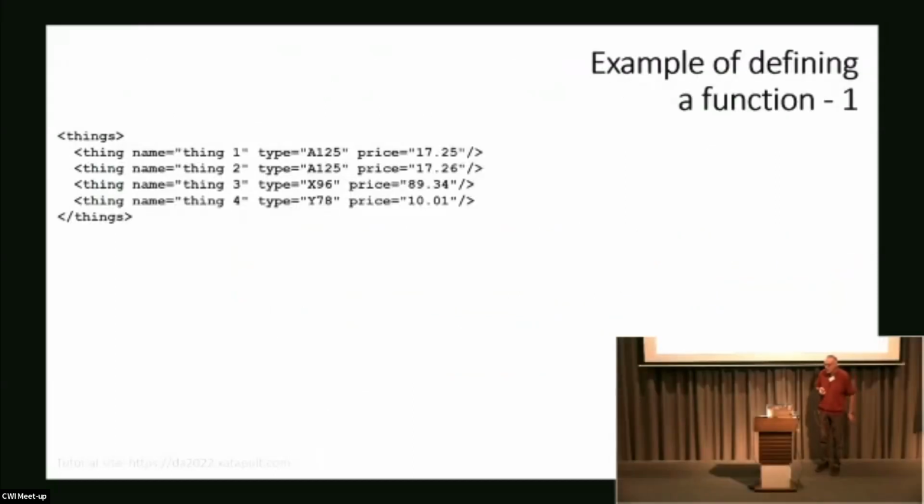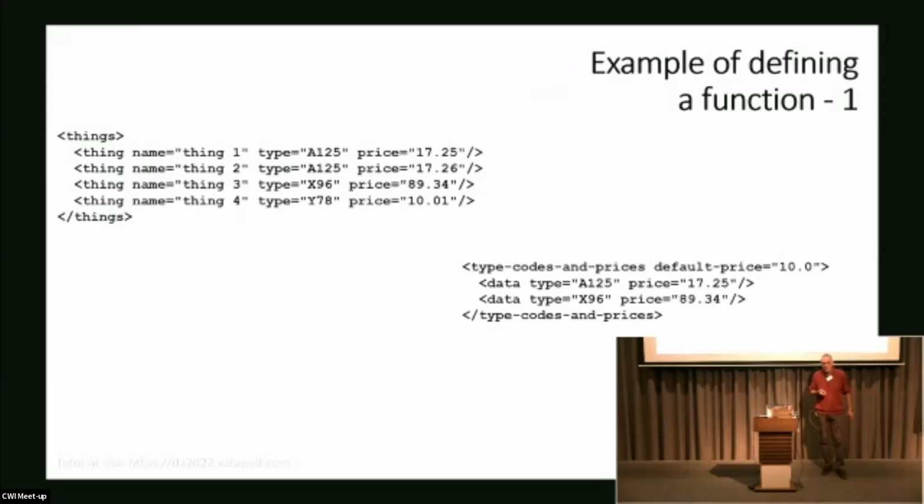Let's go to defining a function, and there's an exercise for it, so please take care. Let's say we have another XML document. And there's a price in there, and we want to check whether the things are priced correctly. And the prices are based on the type. And this whole thing is done in an external document, which links types to prices.